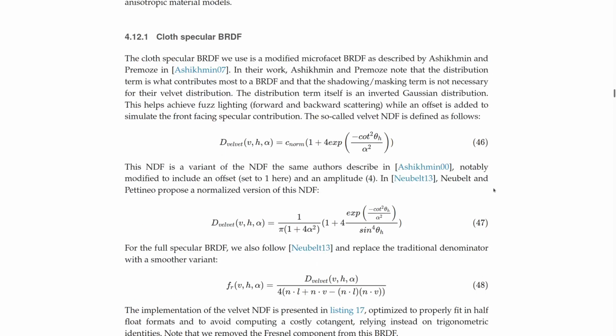So getting into the cloth specular BRDF, the cloth specular BRDF we use is a modified microfacet BRDF as described by Ashikhmin and Premoze in this paper. In their work, they note that the distribution term is what contributes most to a BRDF, and that the shadowing and masking term is not necessary for their velvet distribution.